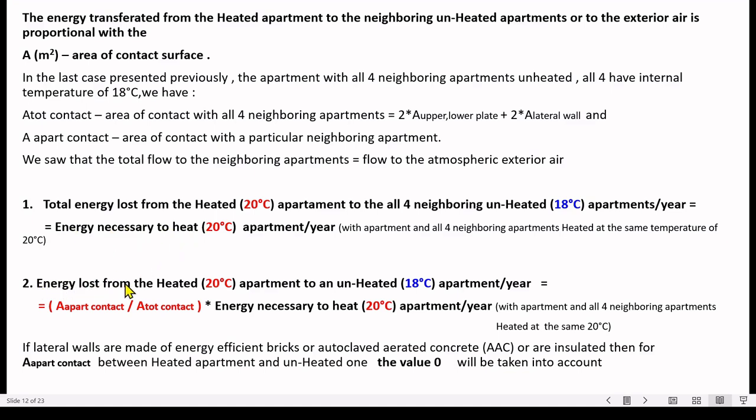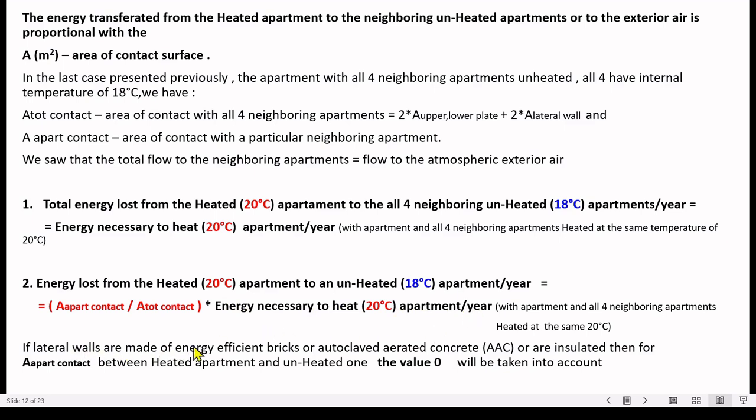Also, the energy lost from the heated 20 degree apartment to an unheated 18 degree apartment on a specific surface is given by this formula: a proportion of the area of contact with that apartment to the total area of contact with neighboring apartments, multiplied by the energy necessary to heat the apartment at 20 degrees a year.